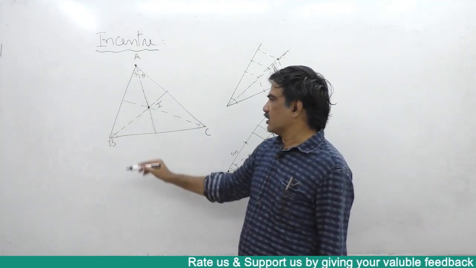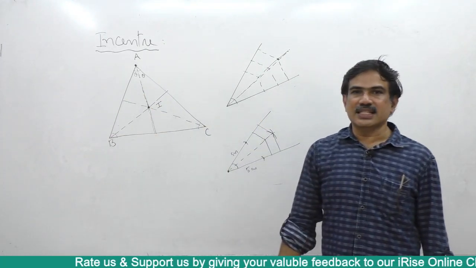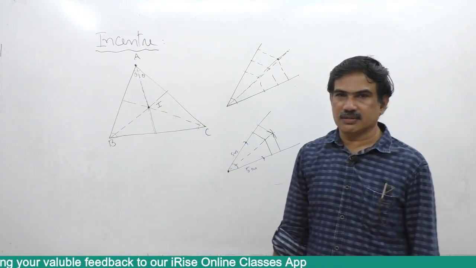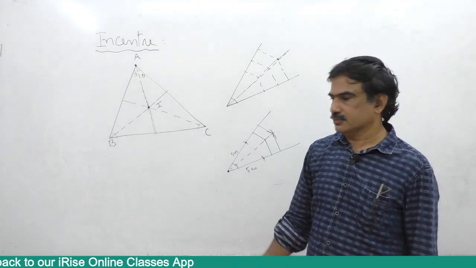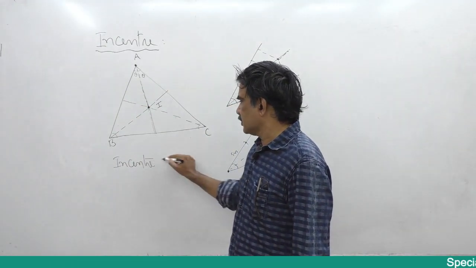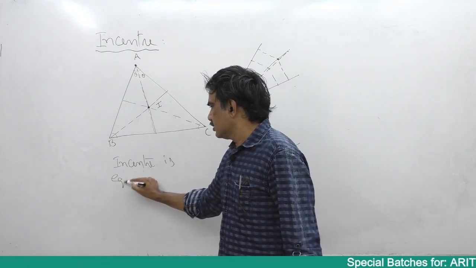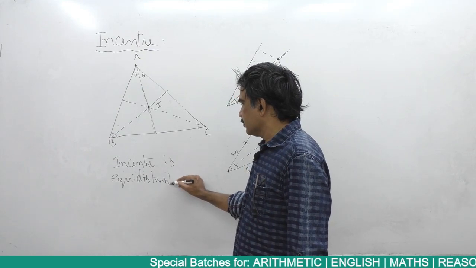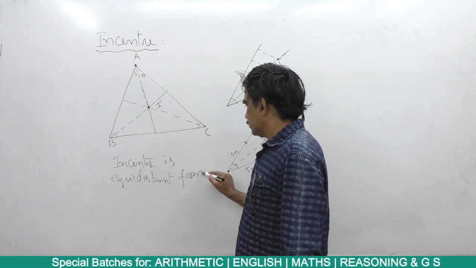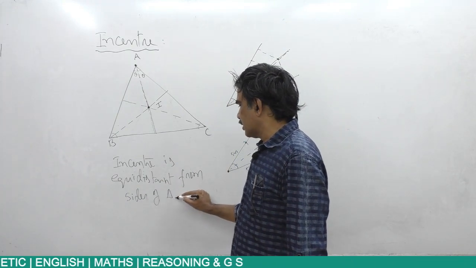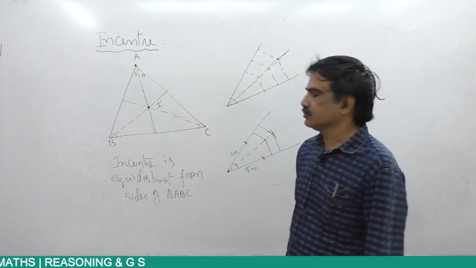So, therefore, the incenter is equidistant from the sides of a triangle ABC.